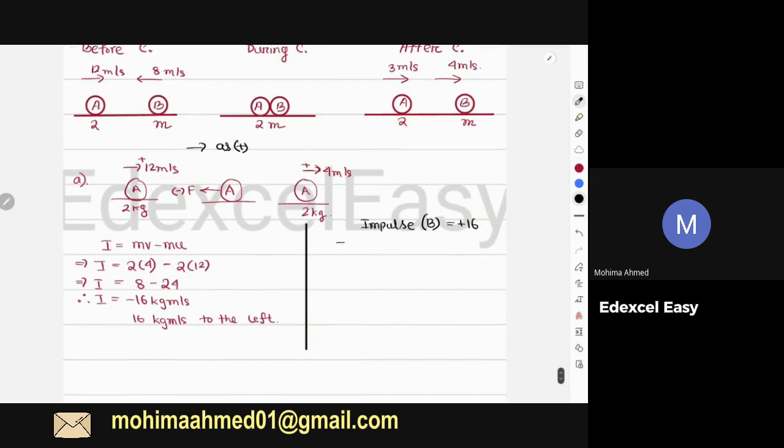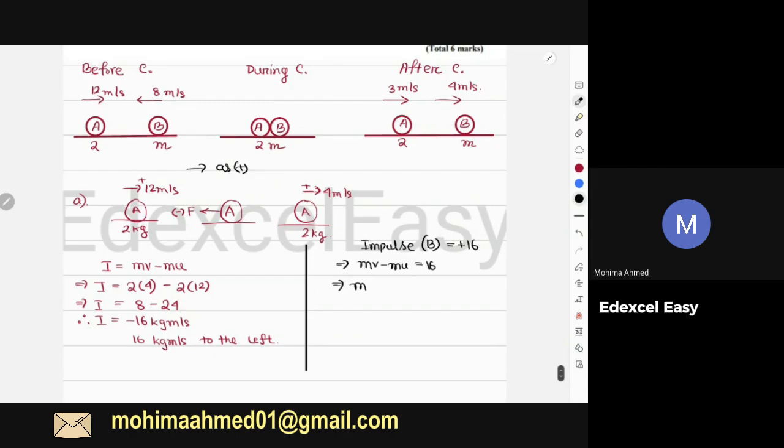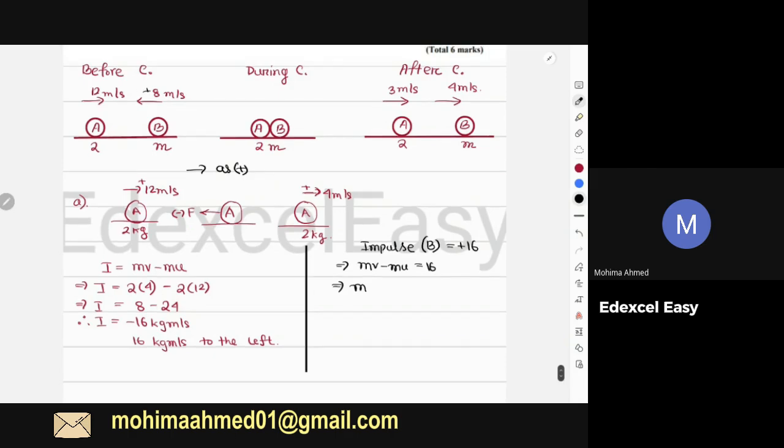So we can use the equation mv minus mu equals 16. Over here, m is just m. Before collision, the initial velocity was actually minus 8 for particle B. After collision, the final velocity is positive.